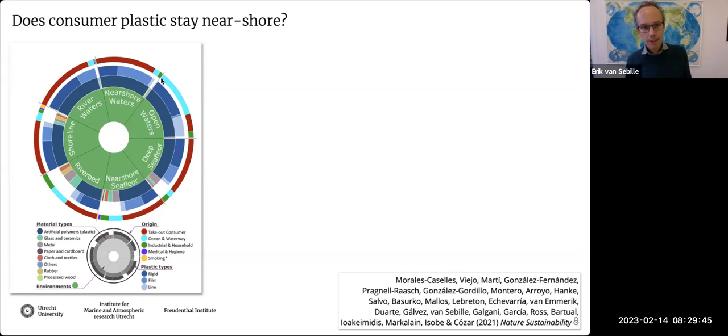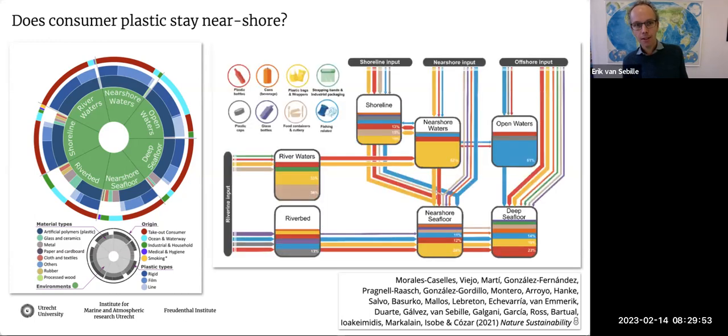Now, she then put this through a material flow analysis model to come up with this figure. It's the same data, but now visualized in a different way, estimating the fluxes between the different reservoirs. The first time I saw this, I thought, okay, so there goes all my effort on trying to understand how garbage patches form.